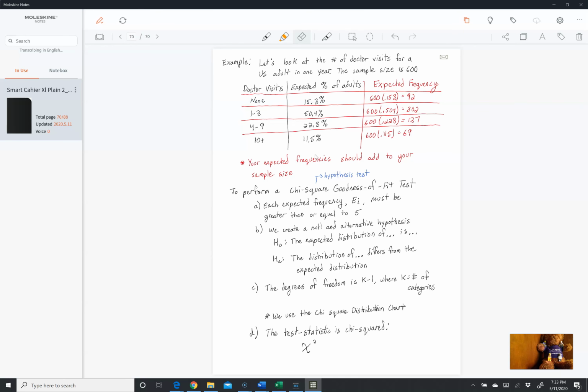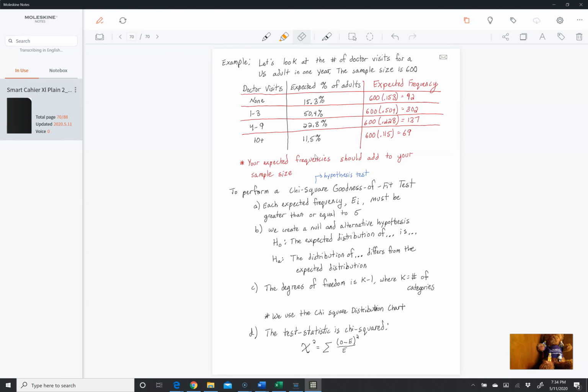So it's chi-squared. And what is this equal to? This is the tedious part of this process because this is what we actually need to calculate. So it's the observed frequencies minus each of the expected frequencies. We square that. We divide each of those by the expected frequency for that category, and then we take the sum. Okay, so this is the part that you're going to see takes us a while, but this is straightforward. It's exactly the same thing that we've done all along.